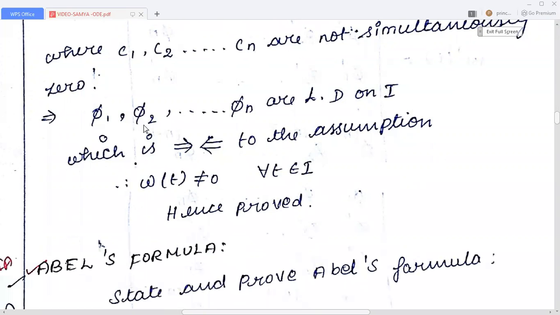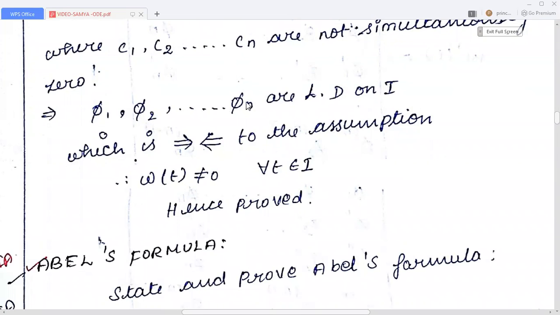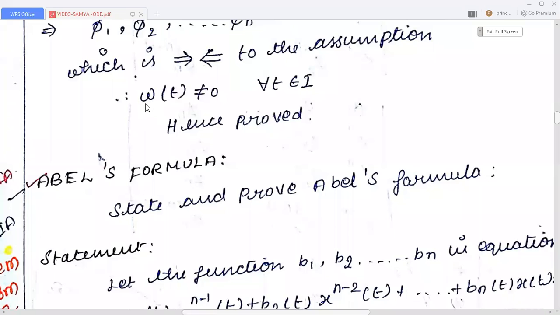So this implies the solutions phi 1, phi 2, phi 3 are linearly dependent on the interval I, which is a contradiction to the assumption. Therefore, the Wronskian of t is not equal to 0 for all t in the interval I. So this completes the proof of the Wronskian theorem.